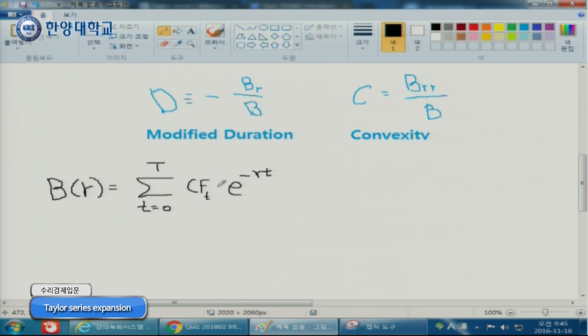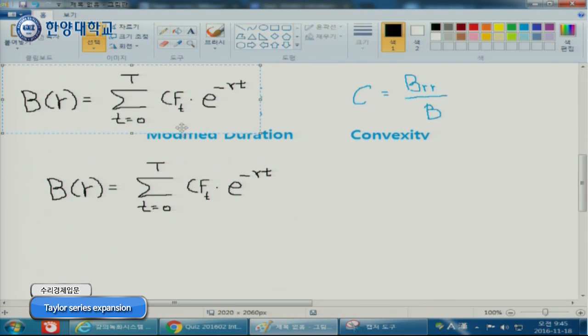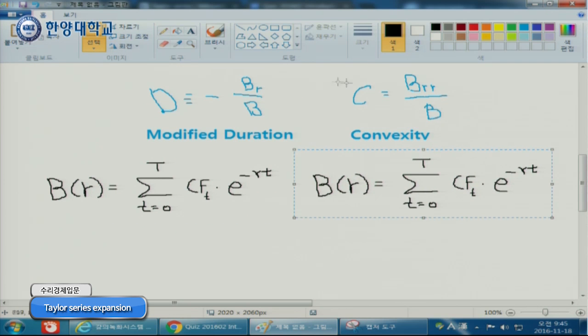Okay. And then let's do some fun. Let's divide both sides by B(R). Right? We can do this one.